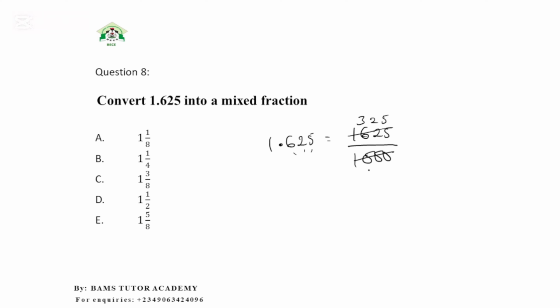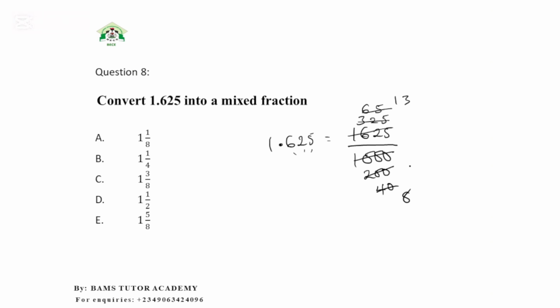So 5 here is 200, 5 here is 60, that should be 65. 5 here is 40, right? 5 here is 13 and 5 here should be 8.